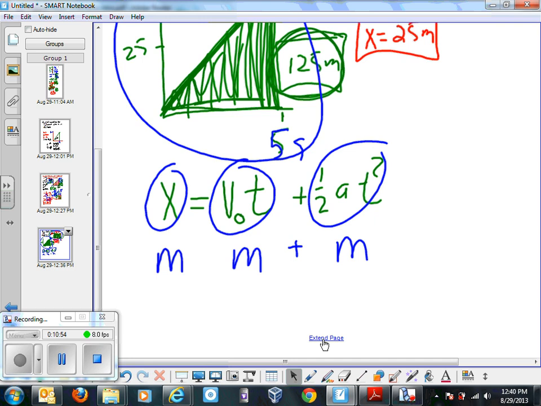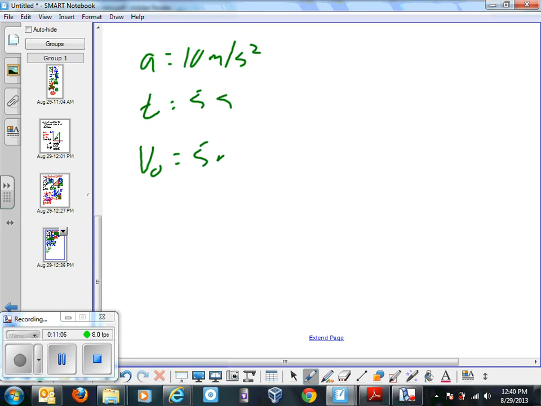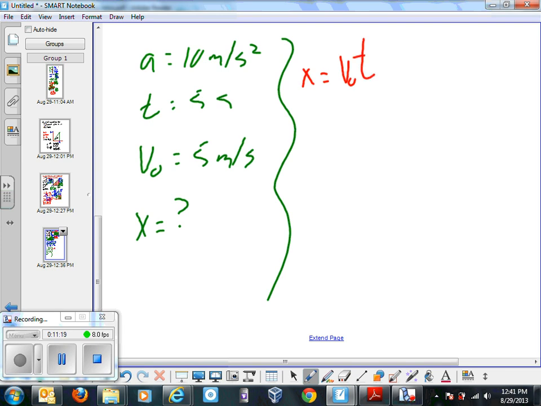So let's plug in our numbers now that we graphed. Let's say our acceleration is 10 meters per second squared. Our time is 5 seconds. Our initial velocity is 5 meters per second. And we're trying to find our displacement. If we take our two graphs and add them together, our displacement should equal v sub naught t, initial velocity times time, plus 1/2 the acceleration times time, which is an average velocity.